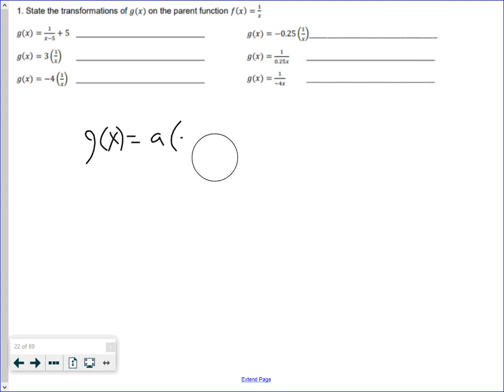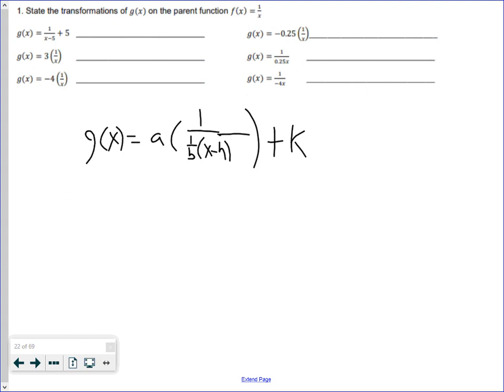Or rather, I should make it 1 over b times x minus h all plus k. That's as good as it's going to get. So that's the general transform function for the parent function 1 over x, where a, b, h, and k do what they always do.